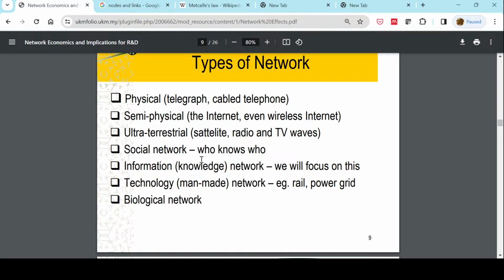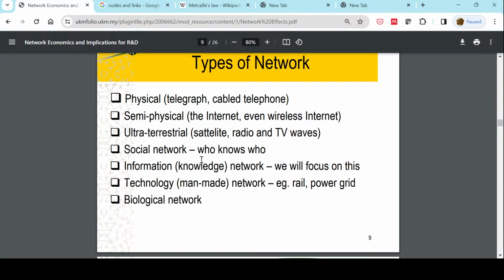But my internet service is connected by wire to Telecom Malaysia. That's why semi-physical. And I can communicate with all over the world, with a friend in another country, and that connection goes through undersea cable.